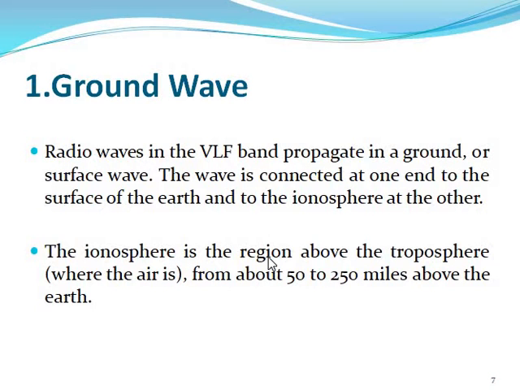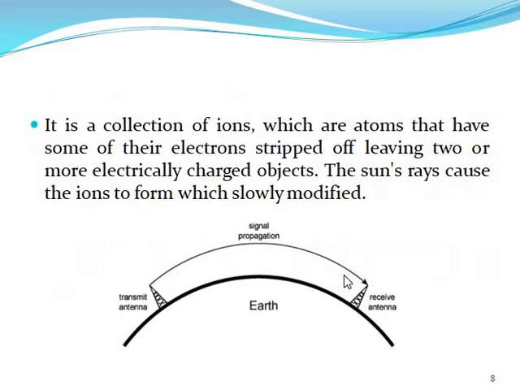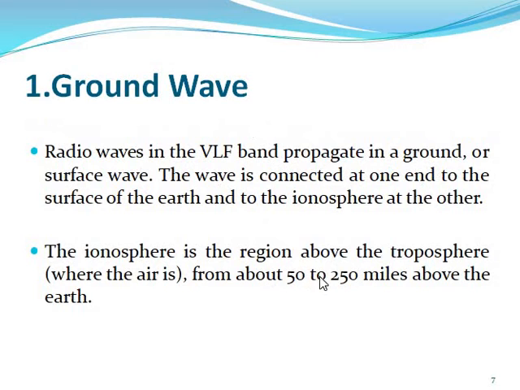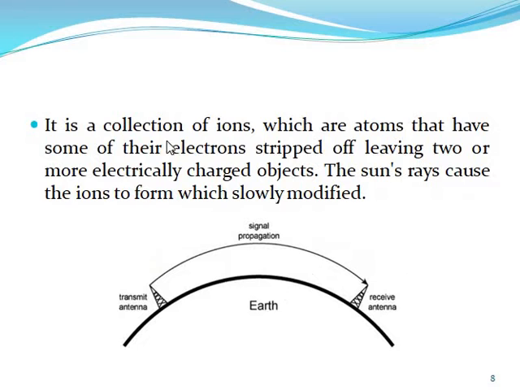The ionosphere is the region above the stratosphere, from about 50 to 250 miles above the earth. So what is the ionosphere? It is a collection of ions, which are atoms that have lost some of their electrons, leaving two or more electrically charged objects.